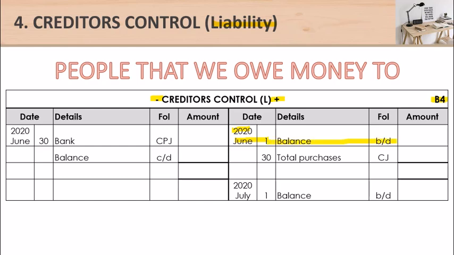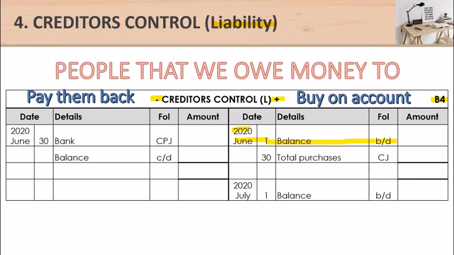And because it's balance sheet section, you write balance brought down. Then there's one thing that we can do that will cause us to owe even more money to people. And that is if we buy on account. Okay, so if we buy on account, we will owe even more money, and therefore all of the things that we buy on account will go to the credit side of creditors control.